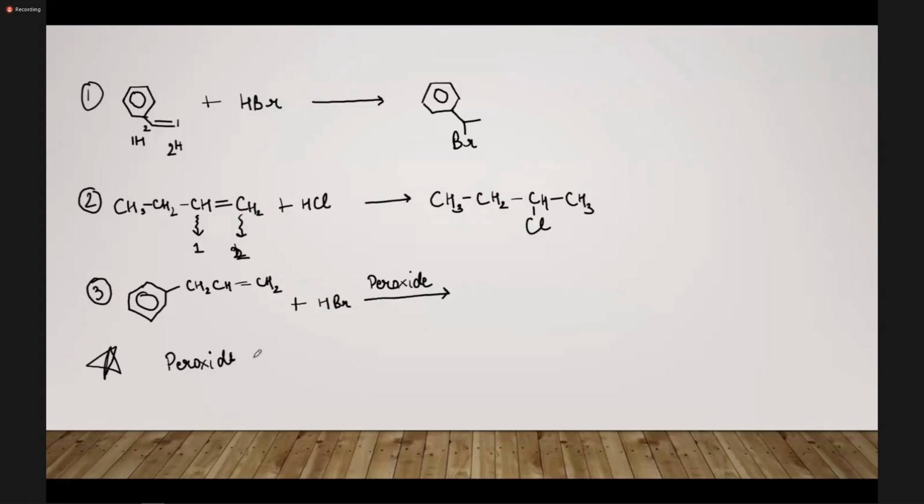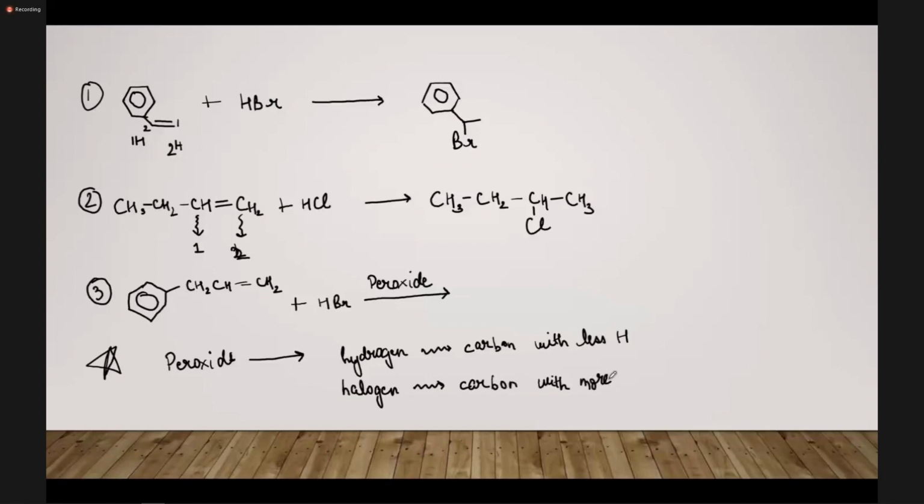So in the presence of peroxide, what you get is that the hydrogen will attach to the carbon with less hydrogen, and the halogen will get attached to the carbon with more hydrogen.